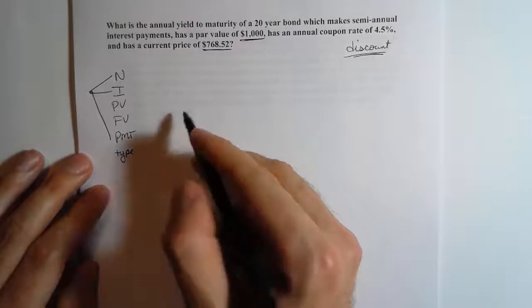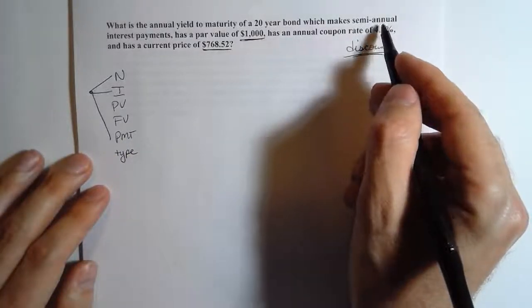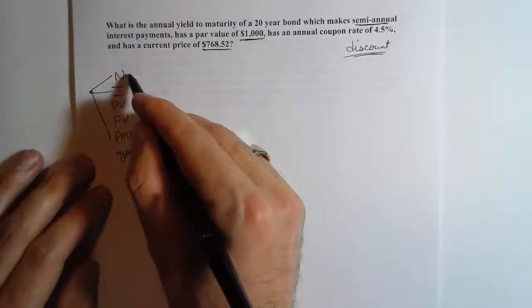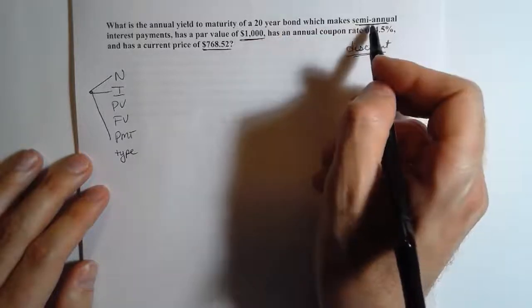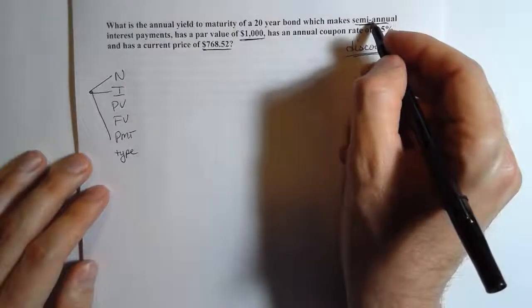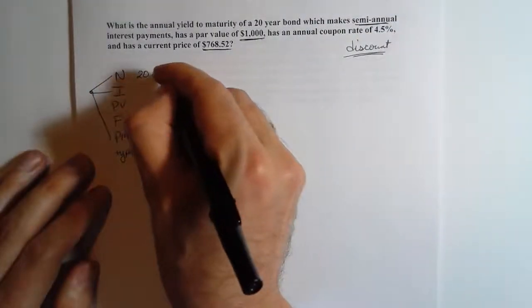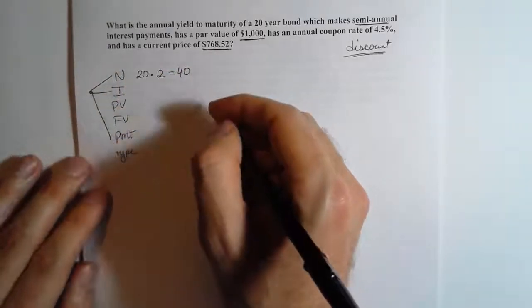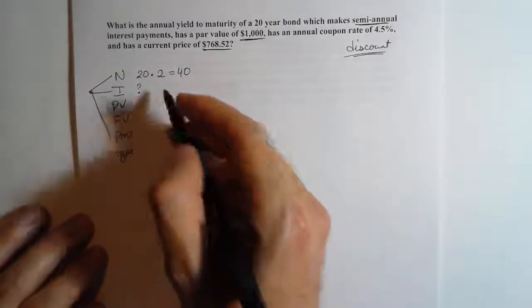This bond makes semi-annual interest payments, so N needs to be the number of semi-annual periods. Since there are 2 periods per year and there are 20 years, N will be 20 times 2 for a total of 40 periods.